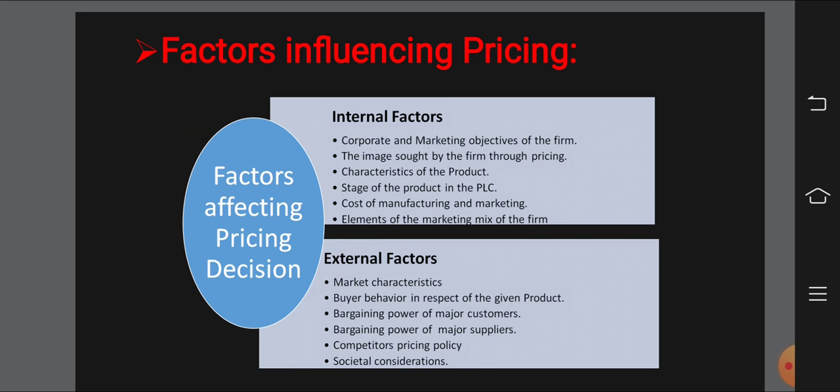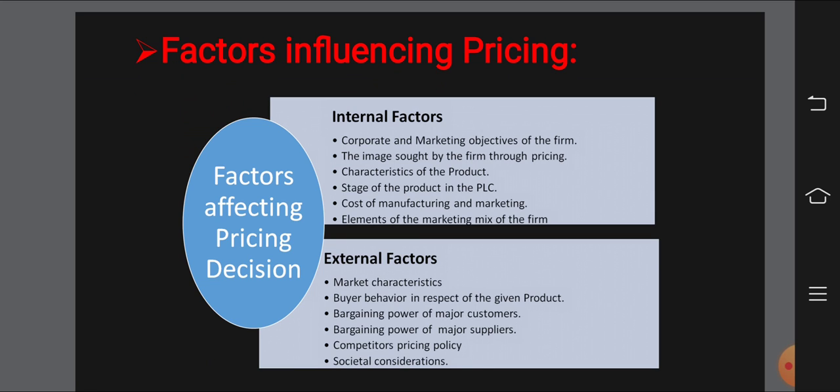Now, what are the internal factors? Here we have listed out some internal factors: corporate and marketing objectives of the firm. This is the internal factor that will affect the pricing. If suppose an organization is having an objective to capture more and more market share in that particular product or service, then they will keep the pricing very less as compared to their competitor.